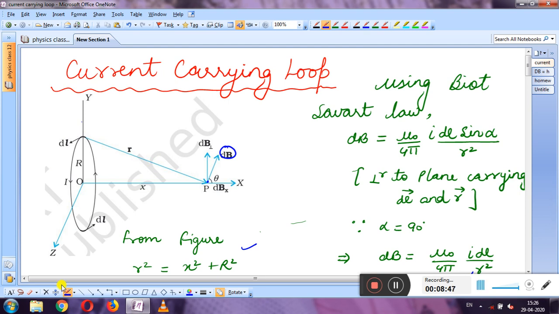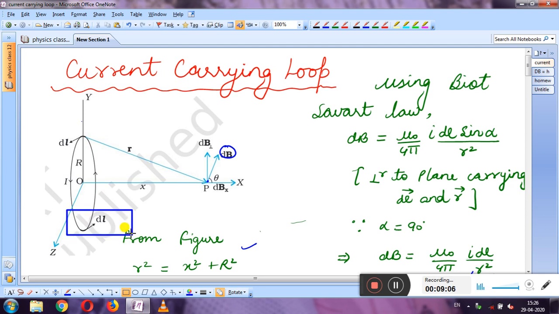See, this is the small current element we considered, just opposite to the current element which we have taken earlier. Now due to this current element, we will again have a magnetic field here, and that magnetic field will be in this direction, like this.